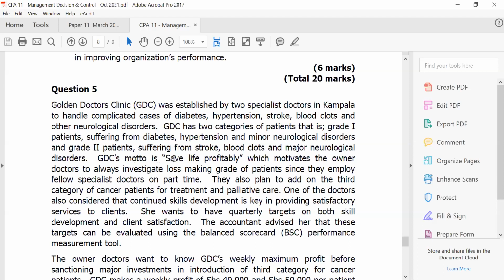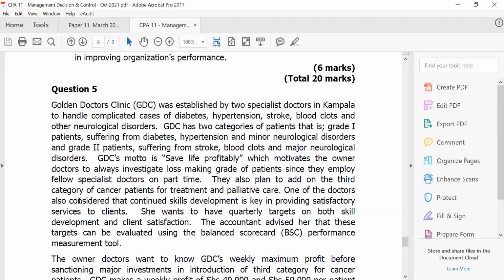GDC's motto is to save life profitably, which motivates the owner doctors to always investigate the loss-making grade of patients, since they employ fellow specialist doctors on part-time. They also plan to add on a third category of cancer patients for treatment and palliative care.